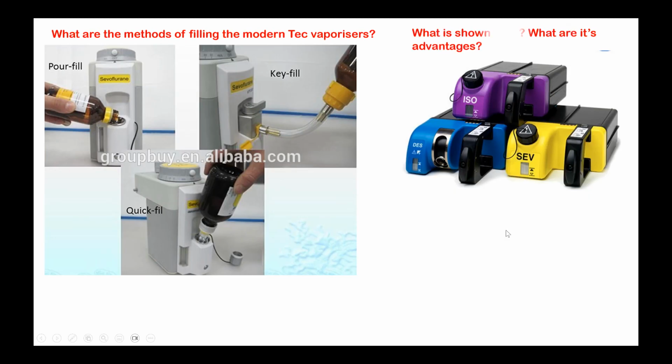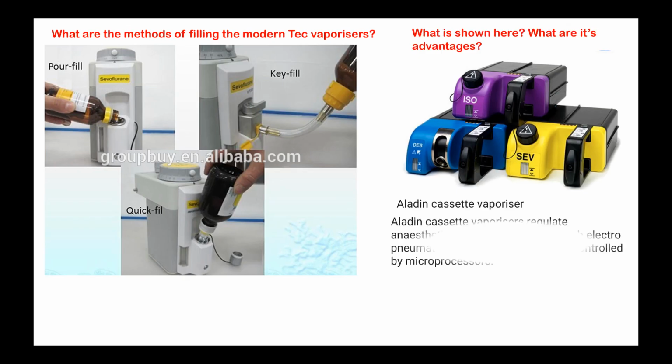This is called the Aladdin vaporizer. Okay? So this is an Aladdin cassette vaporizer, and the cassette vaporizers regulate anesthetic vapor concentration with electro-pneumatic proportional flow valves controlled by a microprocessor. So this is computerized, or microprocessor operated. Different cassettes with color coding are there.